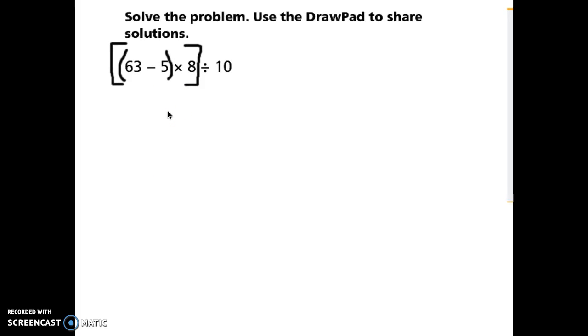So you need to remember which comes first, parentheses or brackets, multiplication, division, and subtraction. Now just a reminder, the original problem you still need to solve, which was 63 minus 5 times 8 divided by 10. So solve that first, and then work to solve this problem here. So you need to have two answers for your exit ticket.